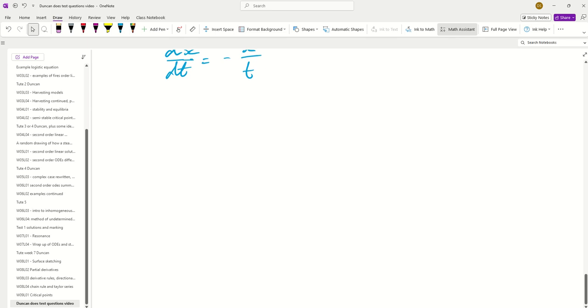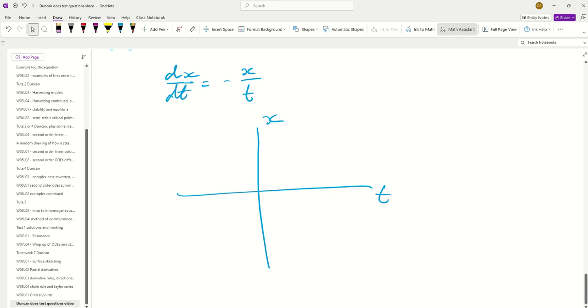Okay, and we're asked for the slope field firstly. We're asked for the slope field over a decent range. But what I'm going to do is I'm going to think about how many points I need to represent this thing.